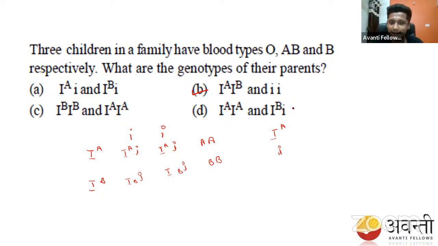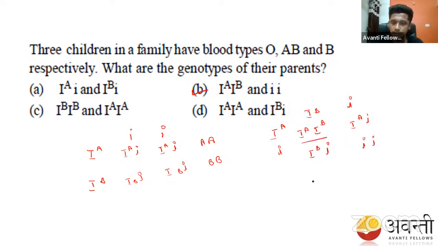Okay. IAi and IBi, right? So this is our first option. If I take IA, IB, and then I have IA and small i, IB and small i, and then small i and small i.